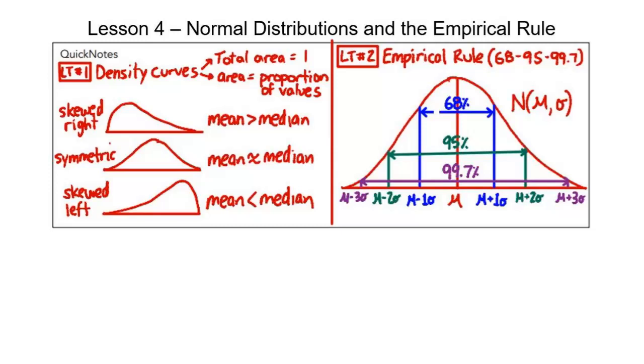My density curves. The total area under a density curve is 1. The area from a certain location in that density curve, from that point over to the left, gives me my proportion of values, or my percentile.